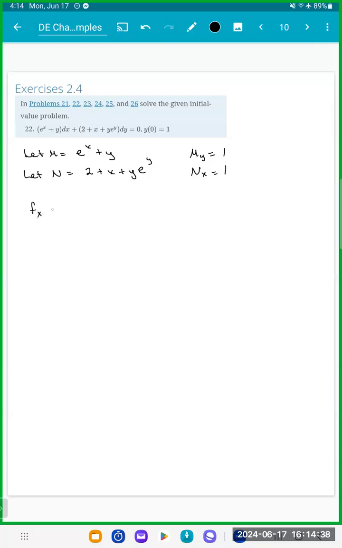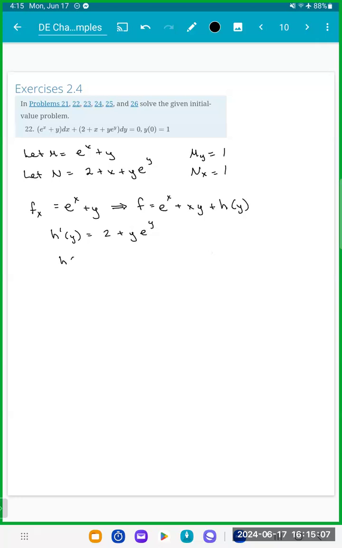So our function for x is e to the x plus y, which we can then say that f is equal to e to the x plus xy plus some function h of y, where the derivative of our h function would be 2 plus y e to the y.